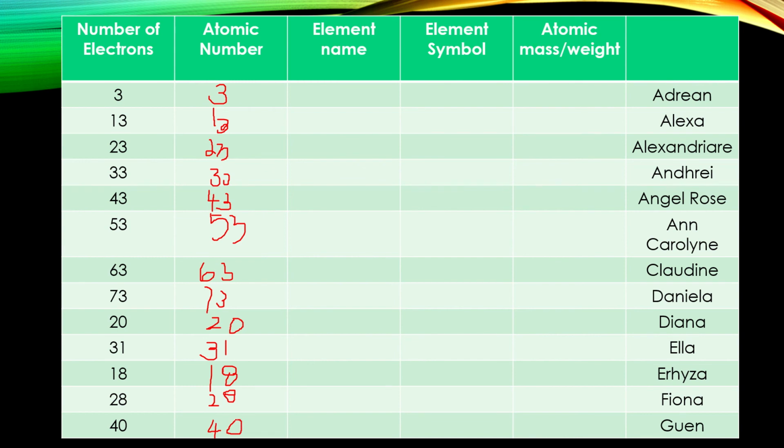I do apologize for my penmanship. These are the atomic numbers of the given elements. How did we get that one?